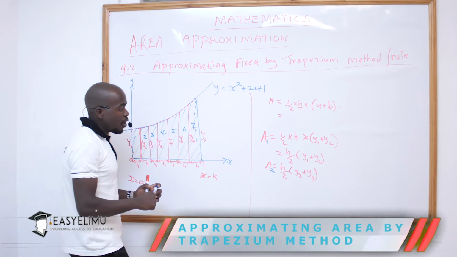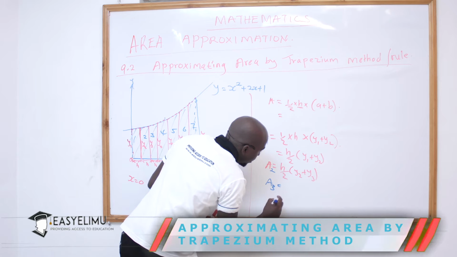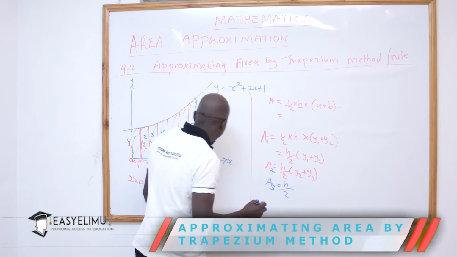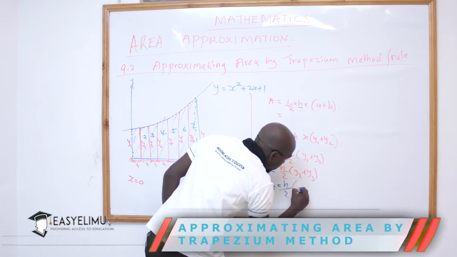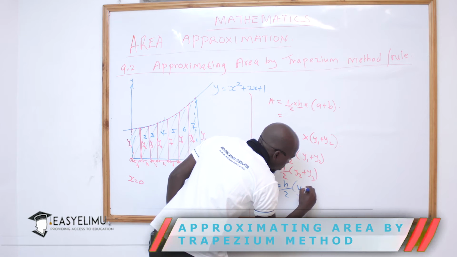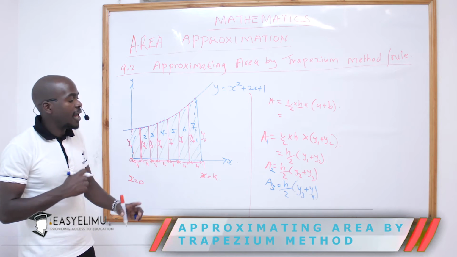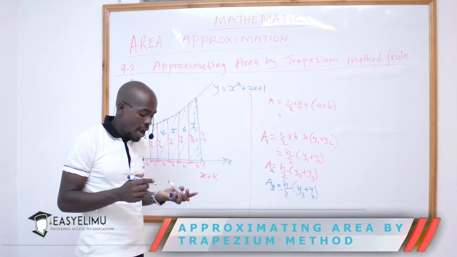For trapezium 3, it will be h over 2, the same height, multiplied by y3 plus y4. As this continues, it will move that way until the final y.